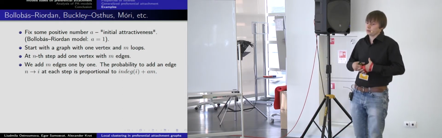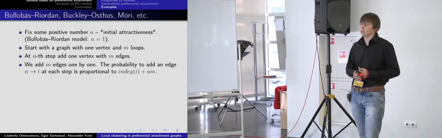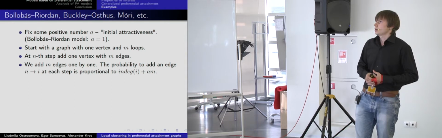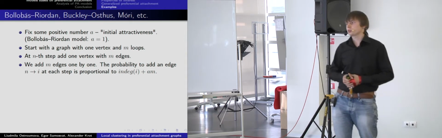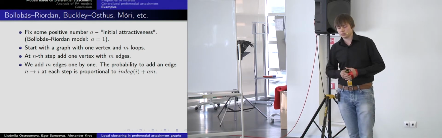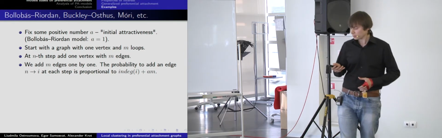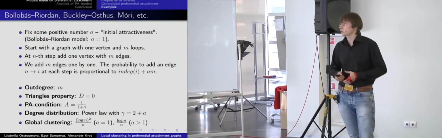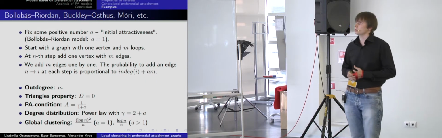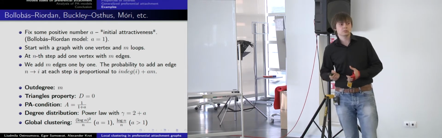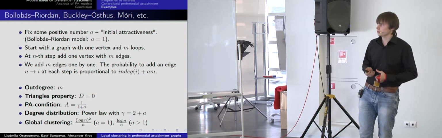The probability to add an edge to a given vertex at each step is proportional to the in-degree of the given vertex plus a multiplied by m. It's quite clear that this model belongs to the PA class of models with such coefficients.